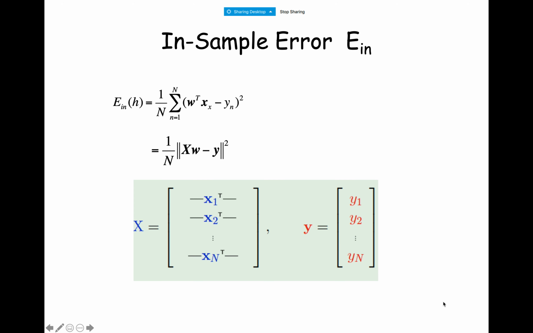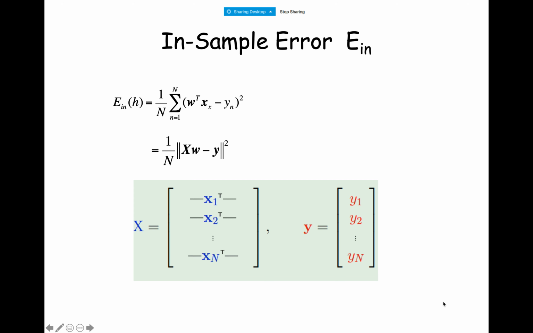Sometimes you don't see these things until it's really big on a board, right? So we have our h of x, which is W transpose x sub n, and we have our f of x, which is our ground truth real valued label associated with our x value, and that's just going to be y sub n. And we have that expression for in-sample error, right? So now we're just substituting for what f of x is and what h of x is.